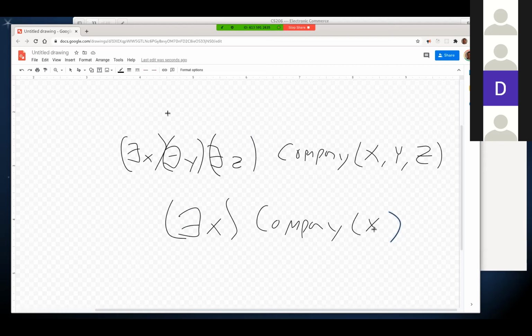So I could say something like X equals IBM. Okay, so that's that expression there. Strictly speaking, I'm going to do it that way. All right, and the way I would do the same thing here is, and X dot name equals IBM.